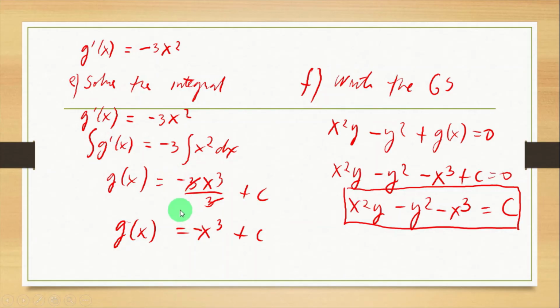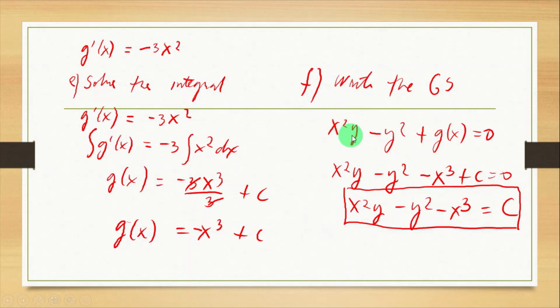And you simplify the expression, so you can cancel out 3 in the numerator and the denominator of this expression. So you have here g of x is equal to negative x cubed plus the arbitrary constant c.